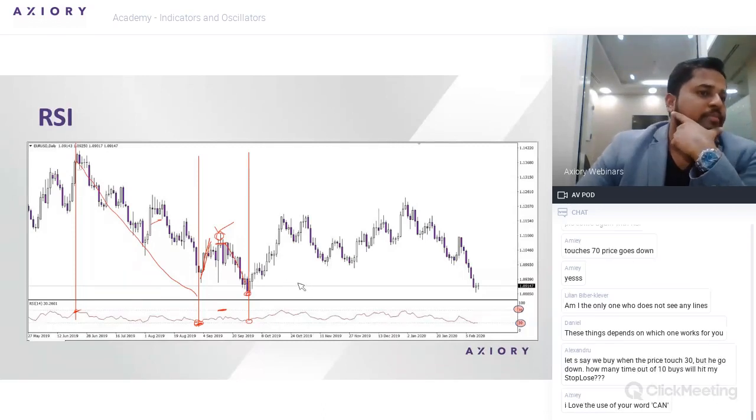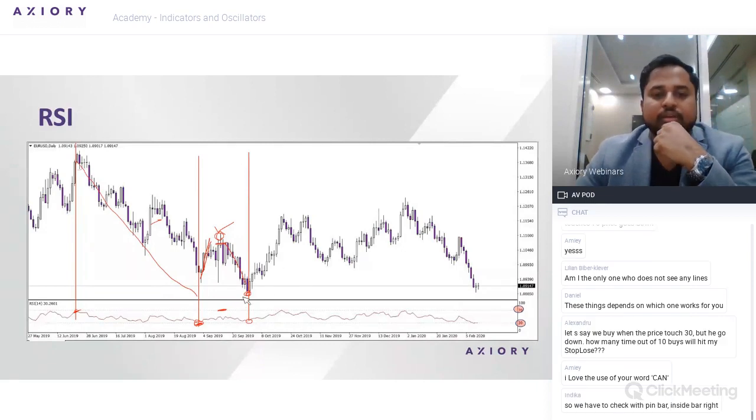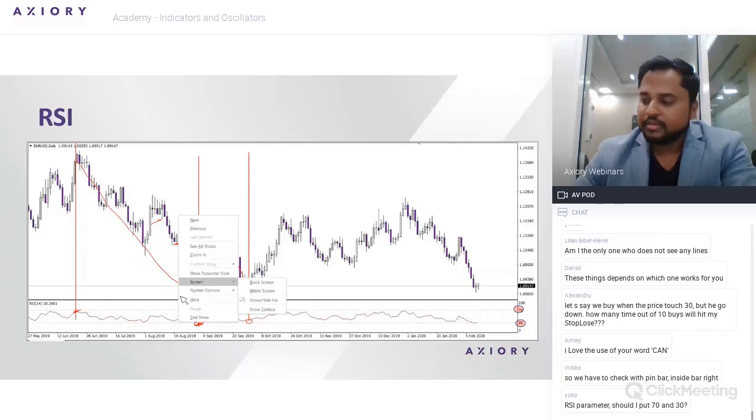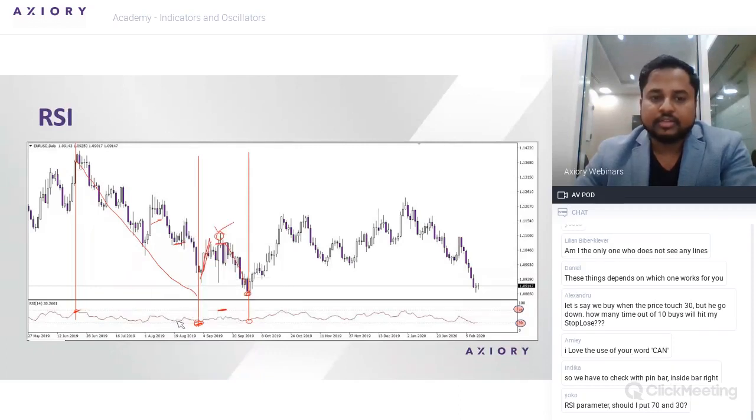Let's say when the price touches 30, how many times will buyers hit my stop loss? For example, suppose you buy from here, thinking the price is near 30, and you keep a stop loss here.